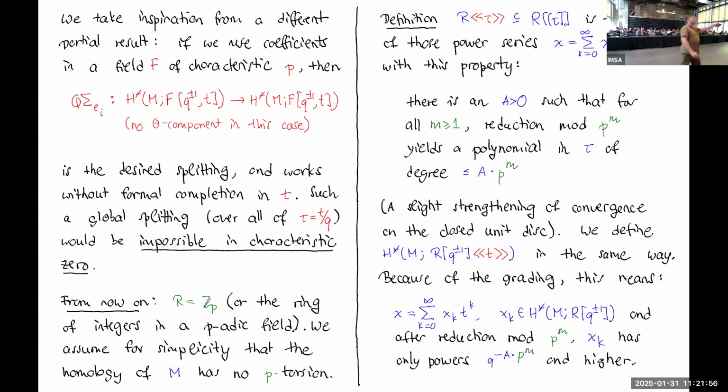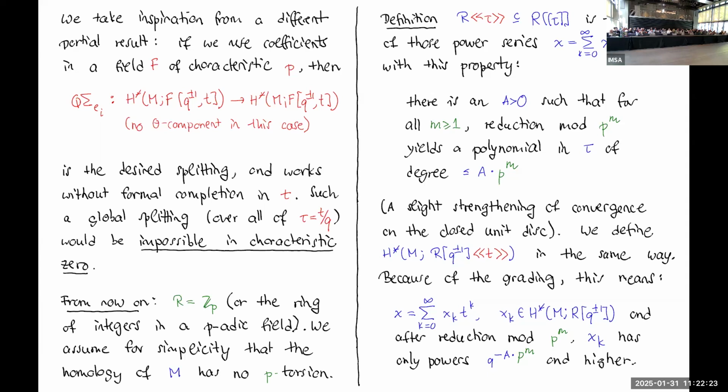And we can use the same strategy to define a version of our usual cohomology here. So these are power series in the variable t with coefficients in p-adic integers, with q plus or minus 1. And if you reduce mod p to the m, they become polynomial in t. Now, notice that here, unlike the previous case, t has degree 2, q has degree 2.